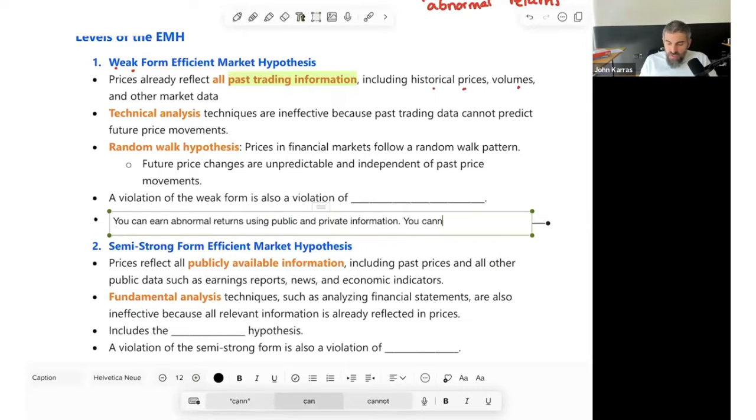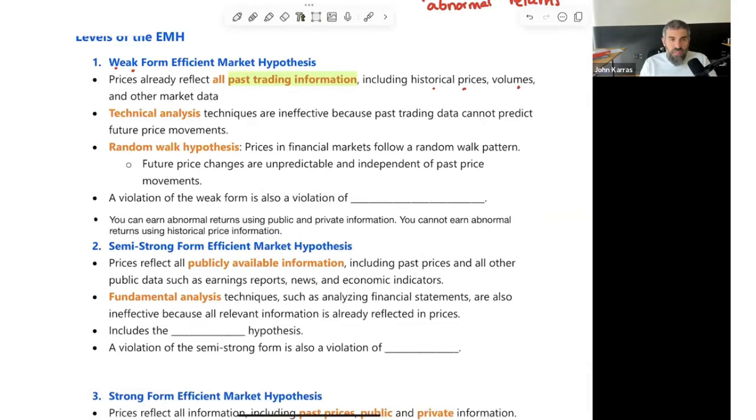But you cannot earn abnormal returns using historical price information. That's essentially what it is. People who believe in this form think historical price information is completely useless.